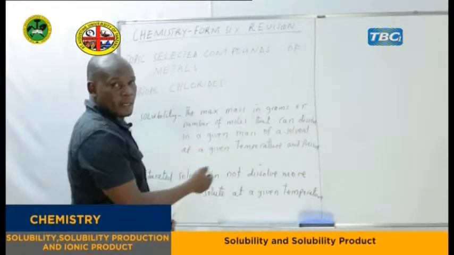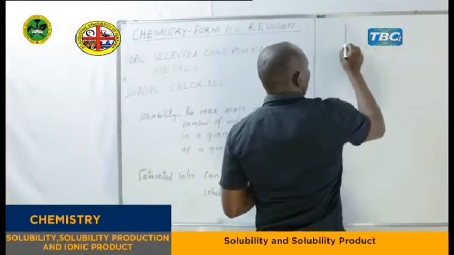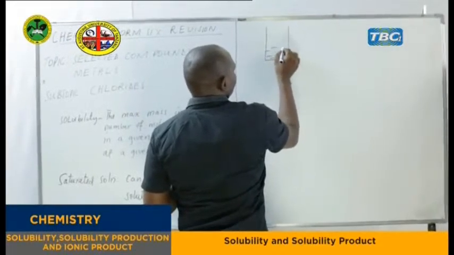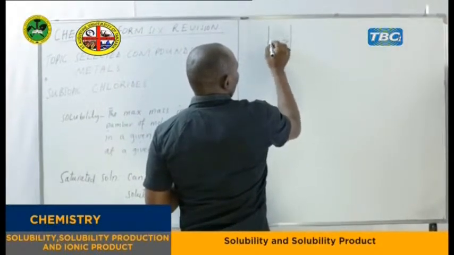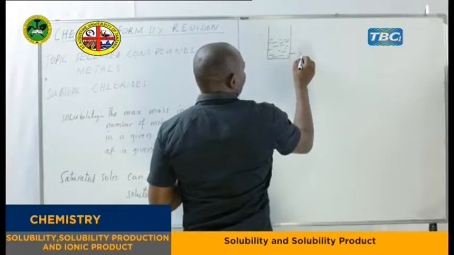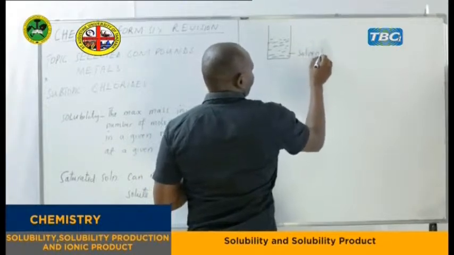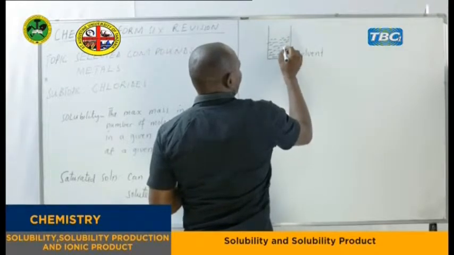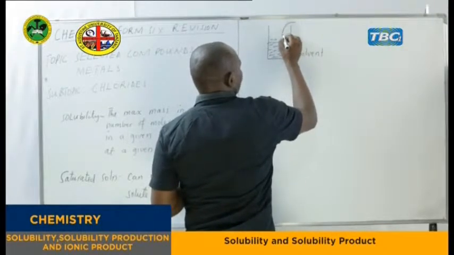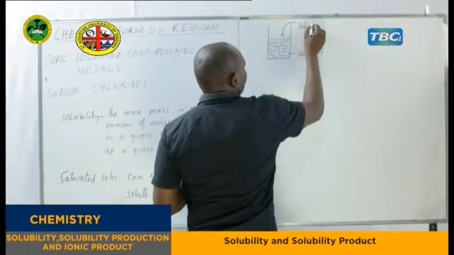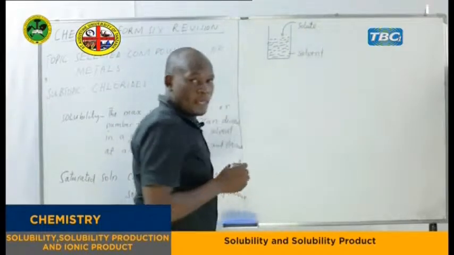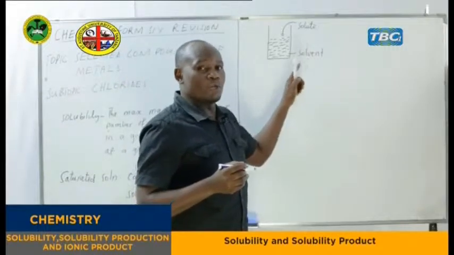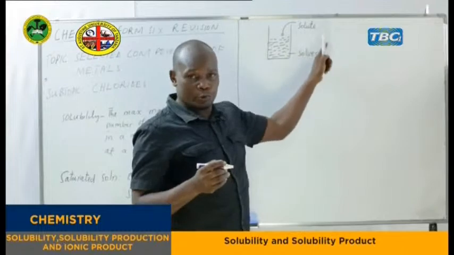Now let us consider that you have a solvent and you dissolve a sparingly soluble solute inside that solvent. It will reach a point whereby the solvent will not be able to dissolve more solute.